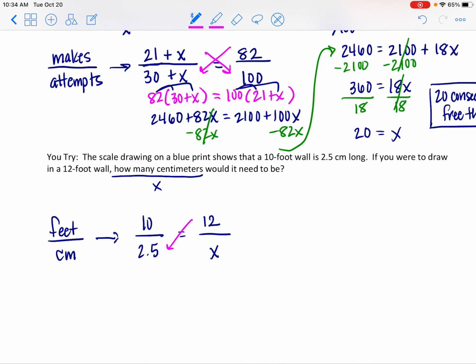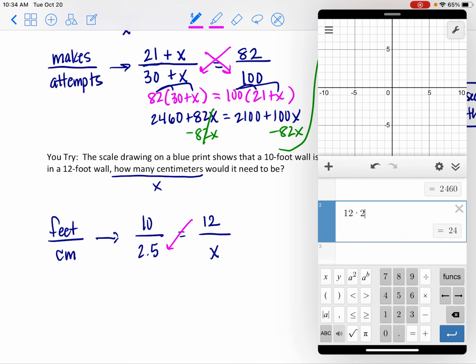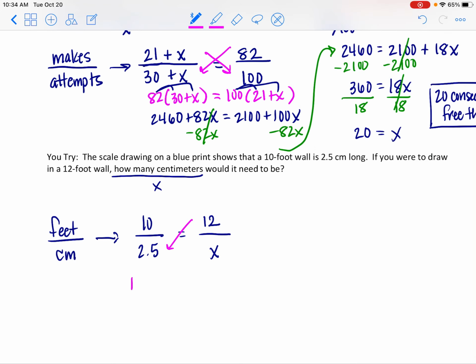Let's cross multiply. So 12 times 2.5 is going to be 30. I believe 12 times 2.5, not 25, 2.5. Okay, yeah, 30. I just want to make sure I show my work. 10 times x, those are going to be equal.